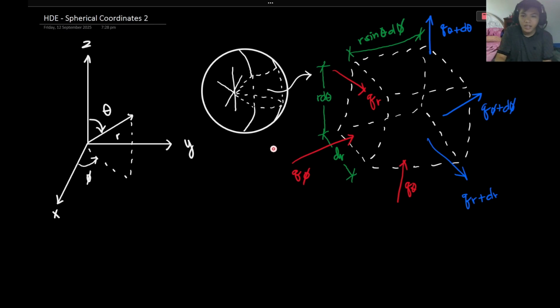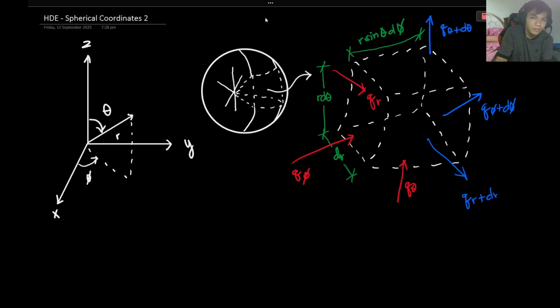Taking into account the energy that enters and the energy that leaves, in terms of heat, rather, we have our Q_r entering here, and we have our Q_(r+dr). That is the outgoing Q_r. The same goes for Q_phi and Q_theta. They have their respective energies entering and leaving.